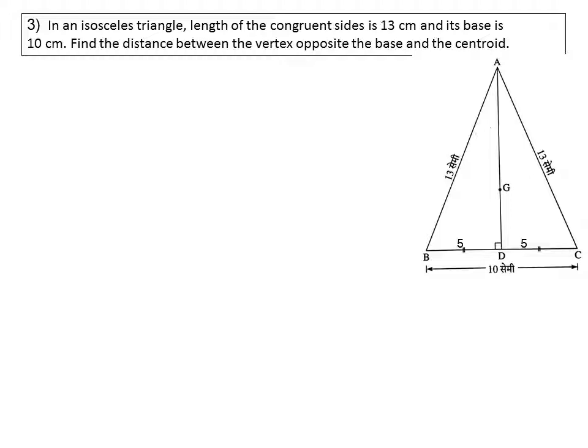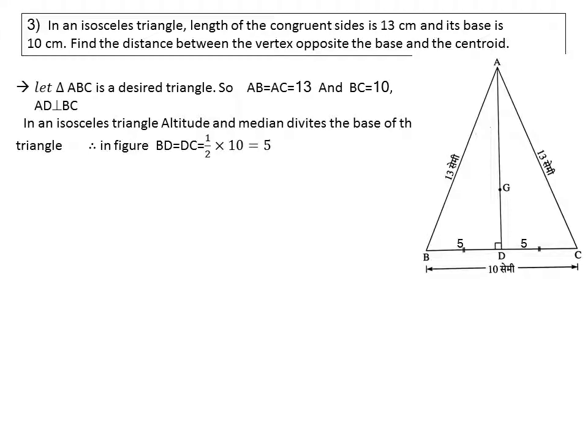In figure, you can see that triangle ABC is isosceles triangle in which AB and AC is of length 13 cm. AD is perpendicular to base BC and G is a point of centroid. BC is 10 cm.